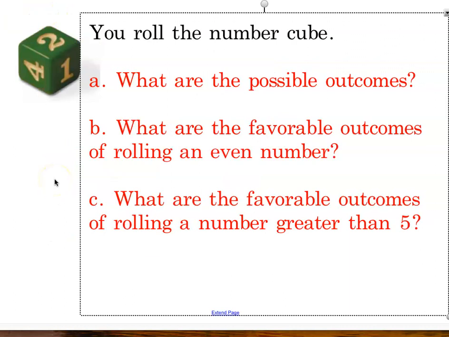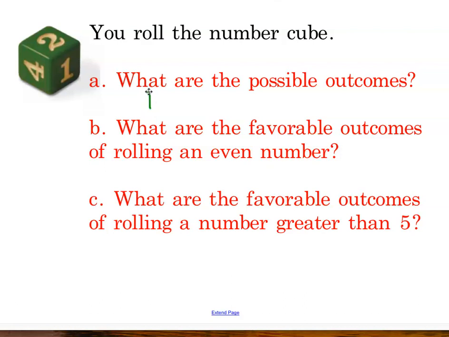Okay, so let's talk about a number cube. For a number cube, the possible outcomes when rolling are a 1, a 2, a 3, a 4, a 5, and a 6. So there are 6 total outcomes.